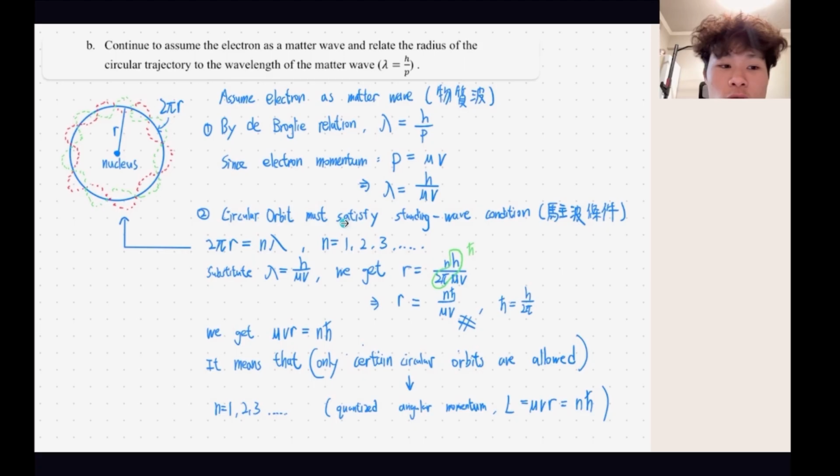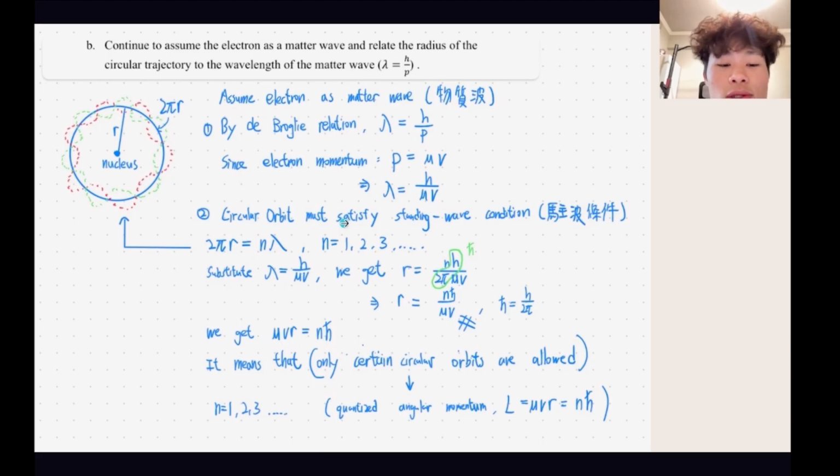The second thing we do is, because a circular orbit must satisfy the standing wave condition, 驻波条件, in Chinese for reference. As in the picture, 2 pi r is the orbit the electron travels, and its length is 2 pi r.